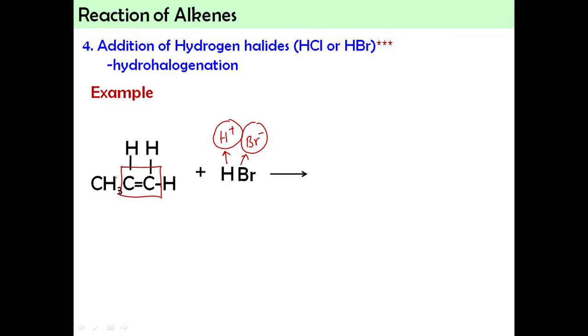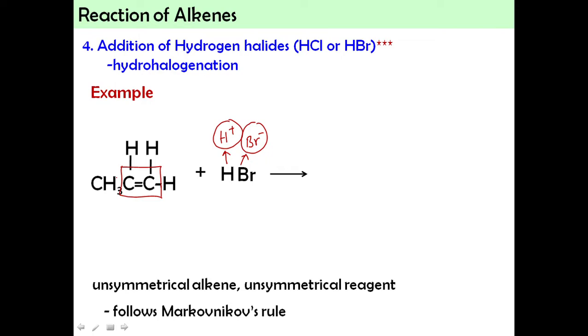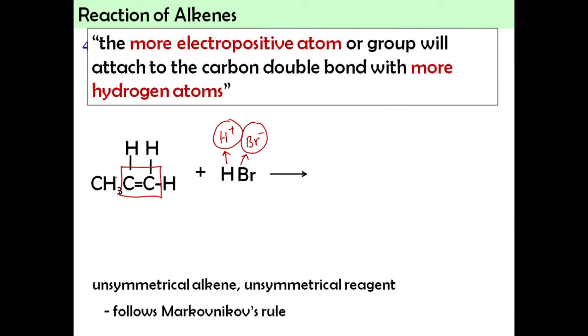So awak ada unsymmetrical alkene. Jadi bila ada yang tidak sama, kita akan follow Markovnikov rule. Lagi sekali. So Markovnikov rule states that more positive to the carbon with more hydrogen atom. Siapa lagi positif? H plus lah obviously because this is a positive charge.